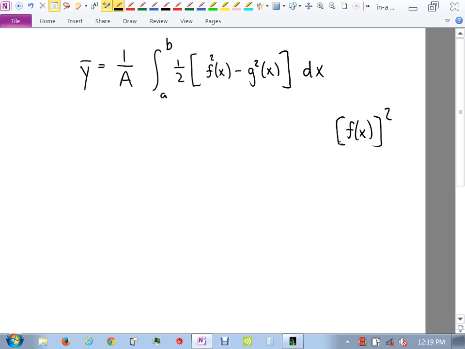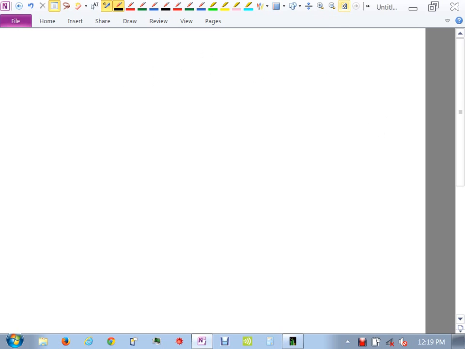Now we have 20 minutes, which is in no way time to start sequences. So why don't I do one example of center of mass? And we'll try something fairly easy as far as the integrals are concerned.